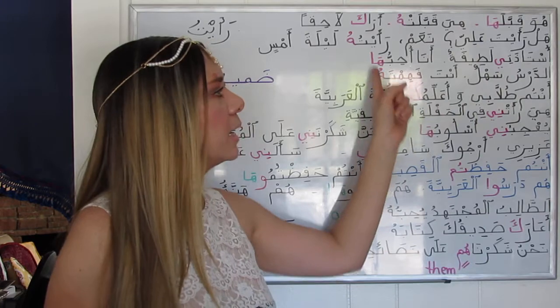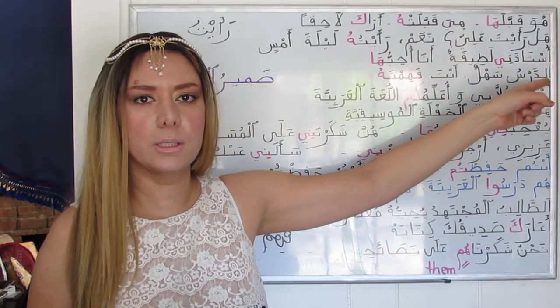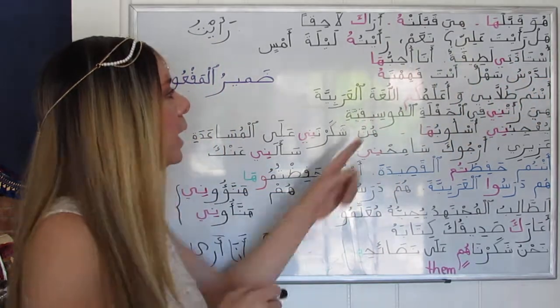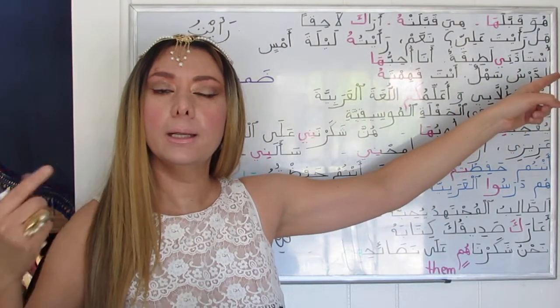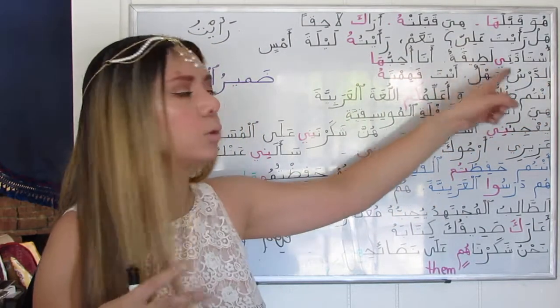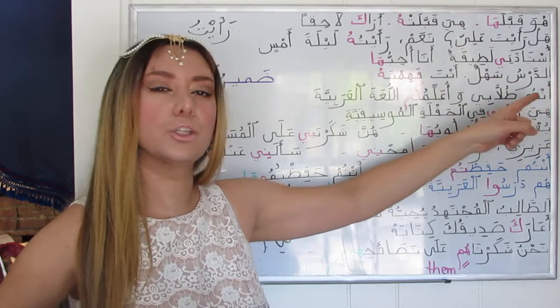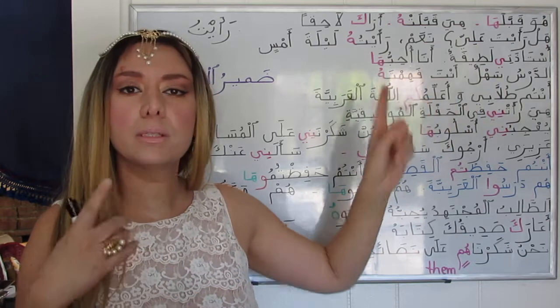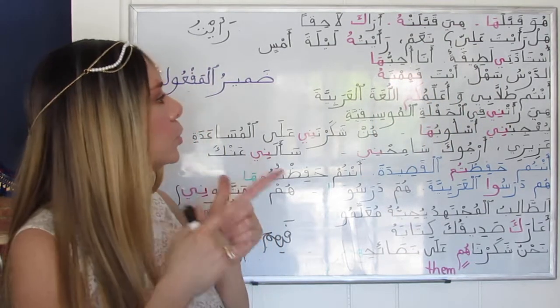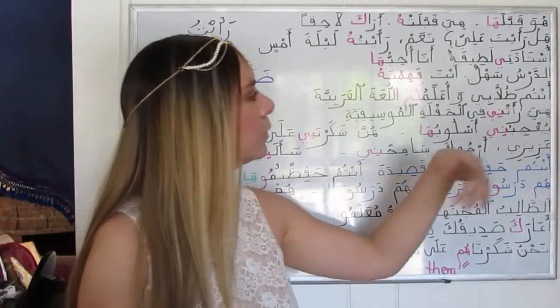Instead of saying أنت فهمت الدرس, we would say أنت فهمته, since الدرس is a singular, masculine noun. We would replace it to avoid repetition. الدرس سهل. أنت فهمته. You understood it.